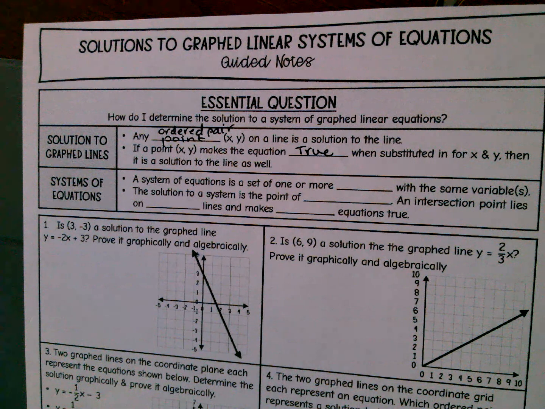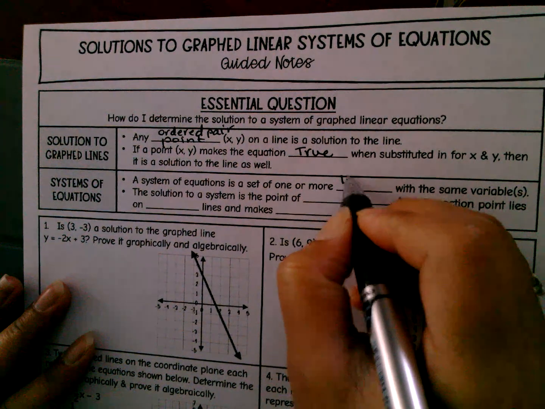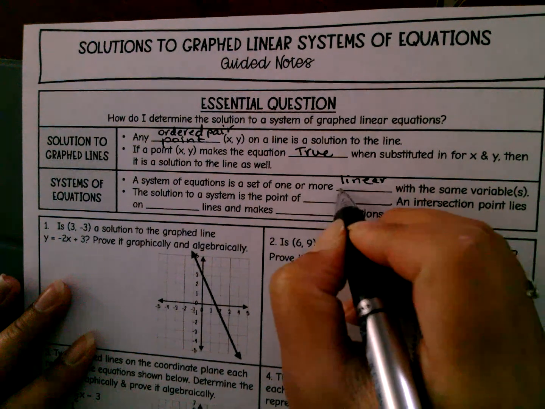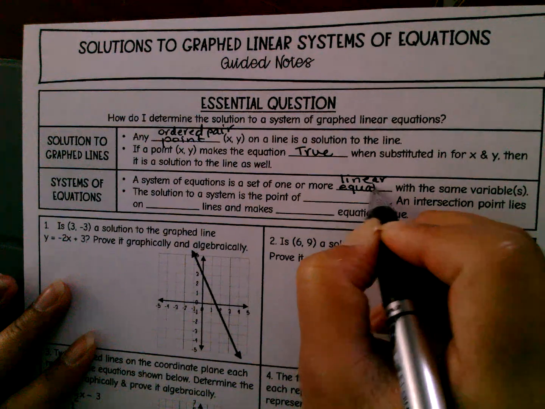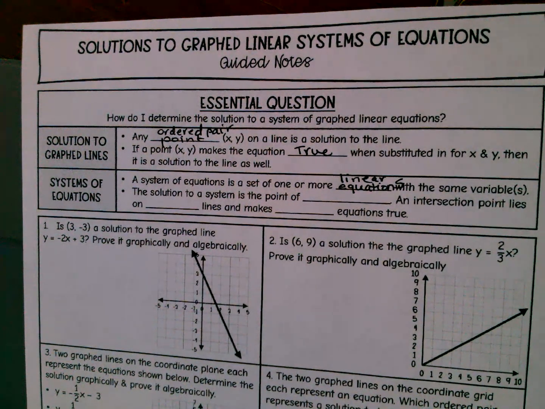A system of equations is a set of one or more linear equations with the same variables. The solution to a system is the point of intersection.